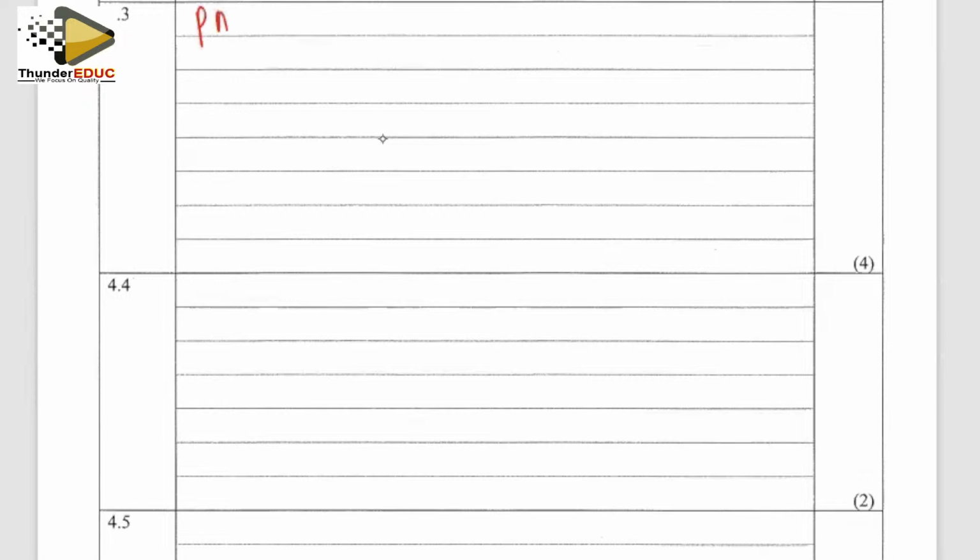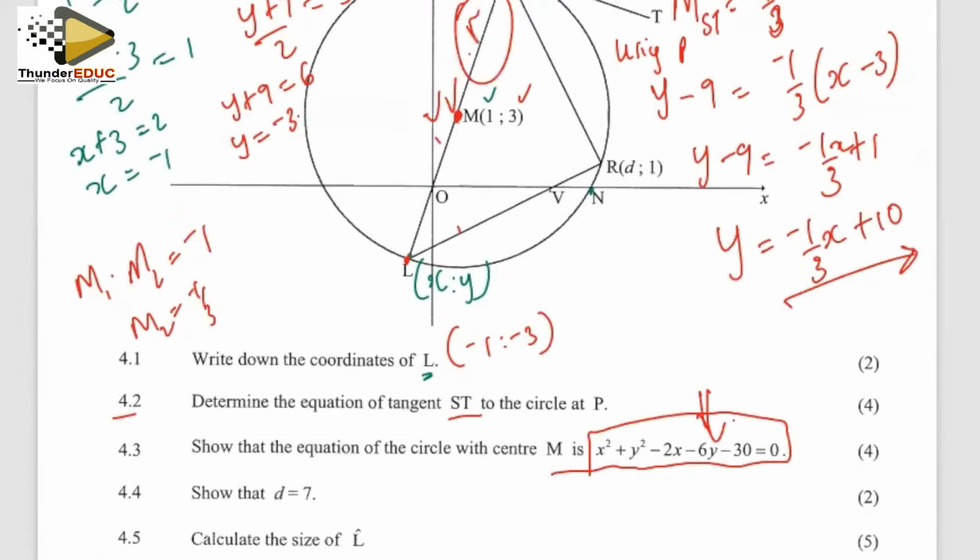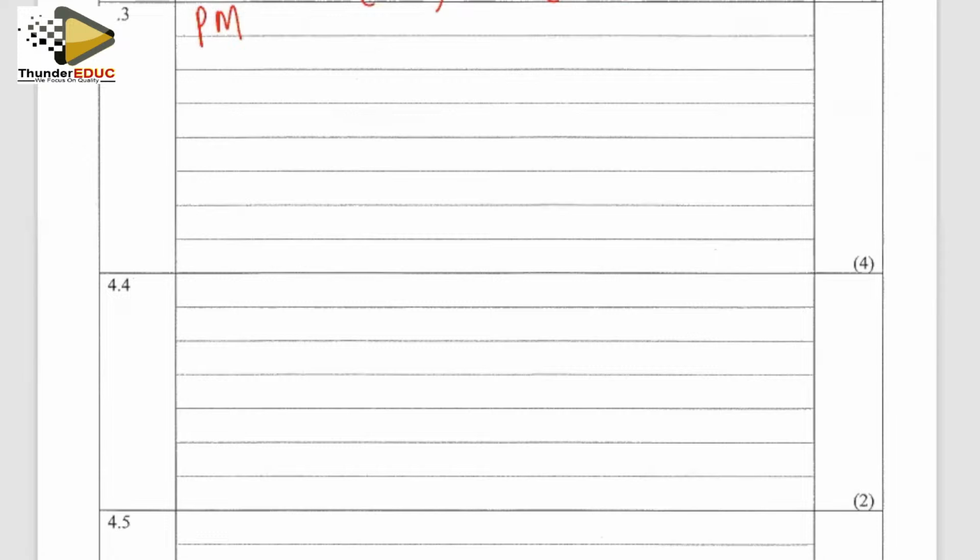Okay, so PM, remember, we have 1 and 3. Then we have 3 and 9. All right, so I'll say R squared is going to be 3 minus 1 squared plus 9 minus 3 squared. So that is going to be 2 squared, which is a 4, plus 6 squared, which is a 36, which gives me 40.